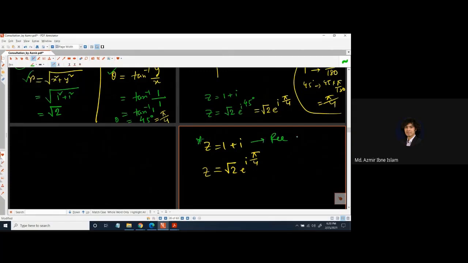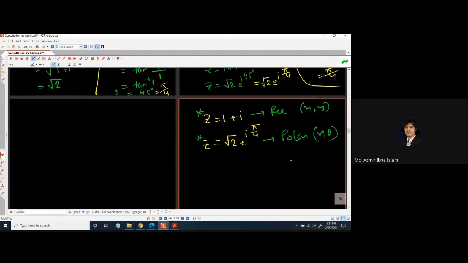So now you are clear that this is the rectangular form having x and y components, and this is the polar form having r and theta components. But you know that polar form can be expressed in exponential way and also in trigonometric way. The form that we have here is in exponential form, and the same thing can be written in trigonometric form. You know that we have the Euler identity, e to the power i theta is cosine theta plus i sine theta.